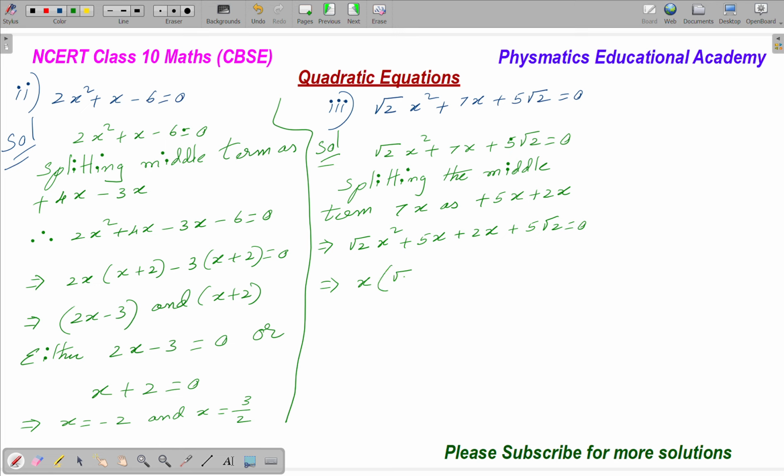Now taking x common, so root 2x plus 5, plus root 2 common, root 2x plus 5. So otherwise we write like this.